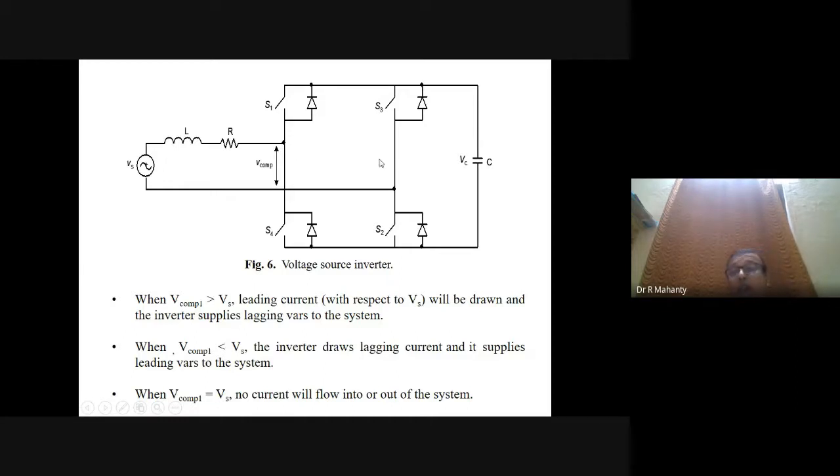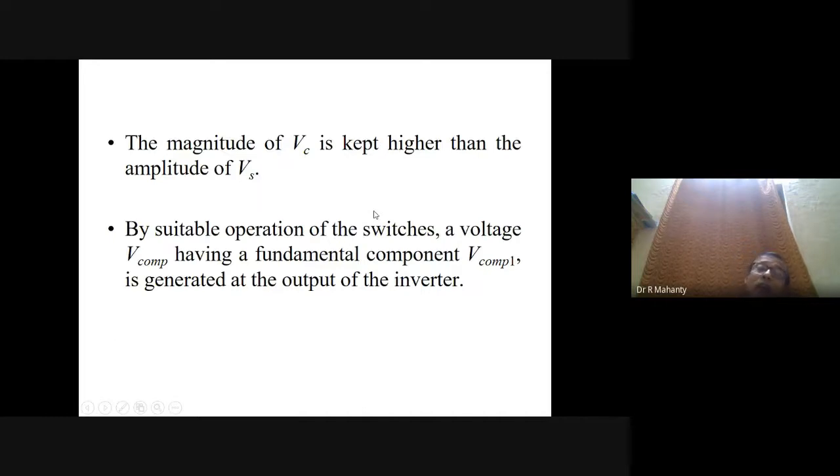Therefore, you have to take an initial value for which the voltage obtained here is more than the supply voltage, so that current will flow from the inverter to the source side, and in that way the power factor can be improved.